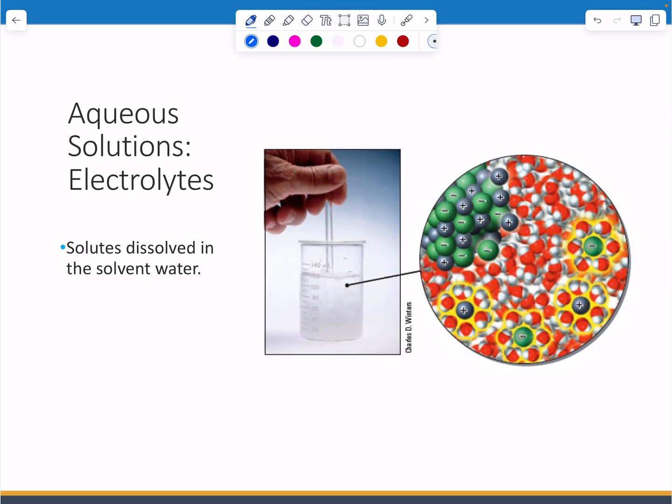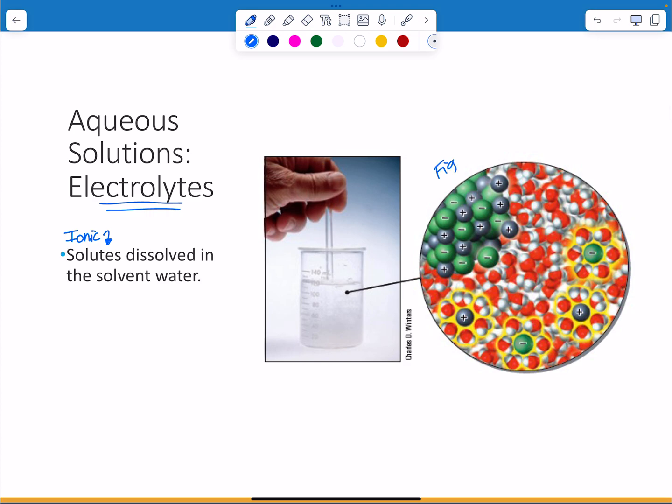Another term that we can use when we're talking about things dissolved in water is electrolytes. Electrolytes are what you get when you have ionic solutes dissolved in the solvent water. This figure shows the process of dissolution, because if you'll notice, it is not showing a homogeneous thing right now.